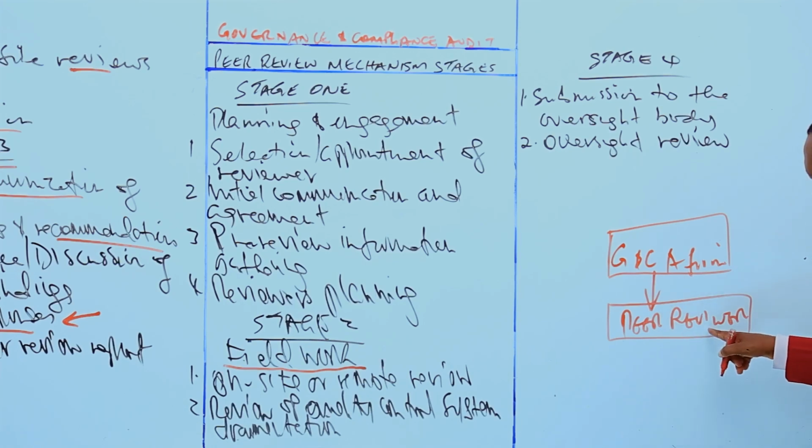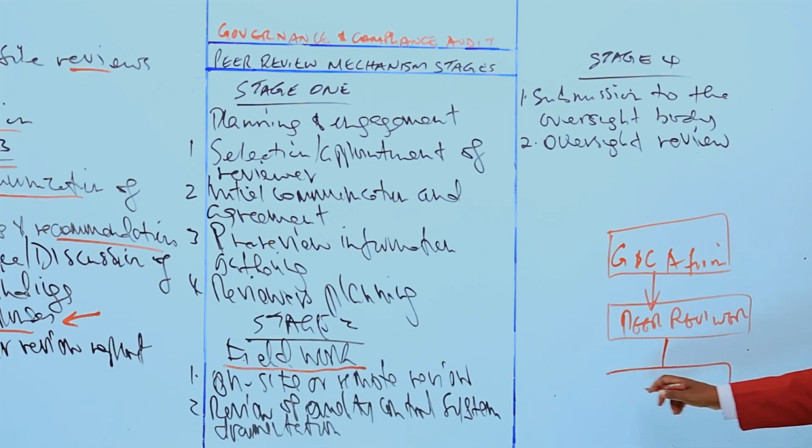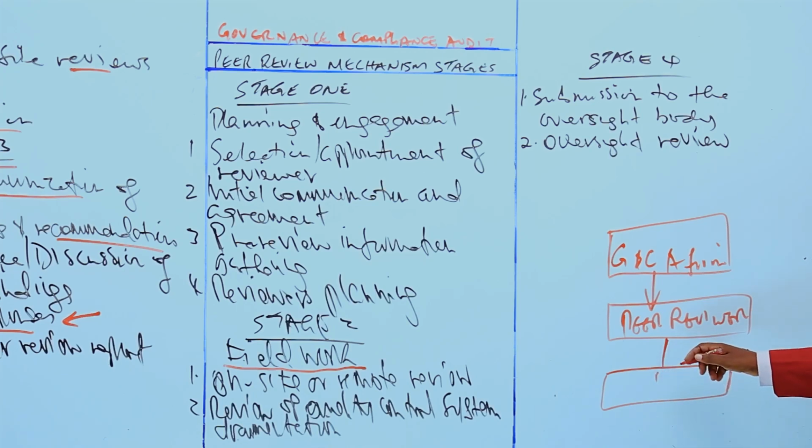So the peer reviewer, at the end of the review, has to prepare a peer review report. This peer review report is then submitted to an oversight body.